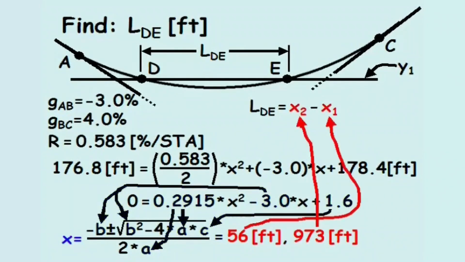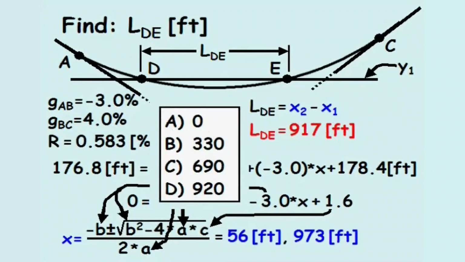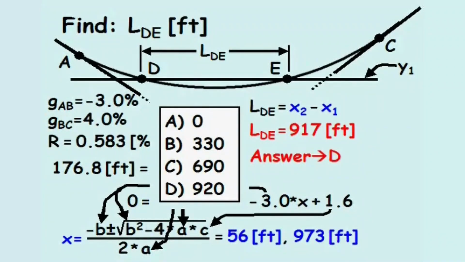After plugging these values in for x1 and x2, the length of line segment DE equals 917 feet. When looking over the possible solutions, the answer is D.